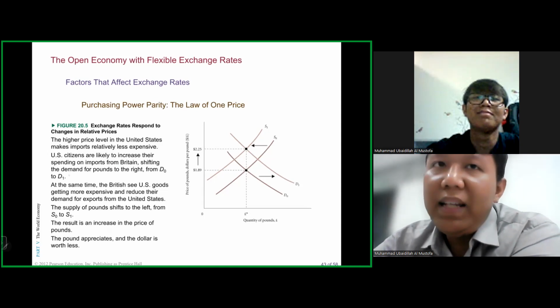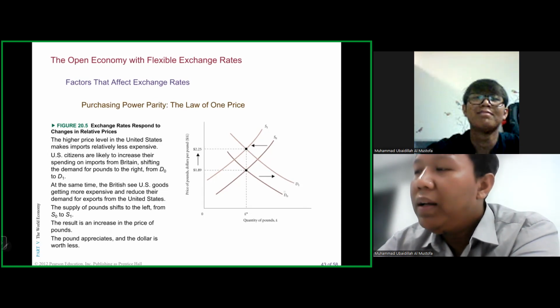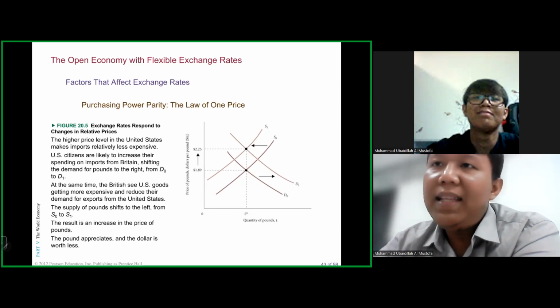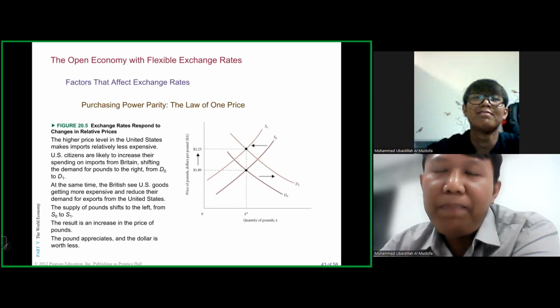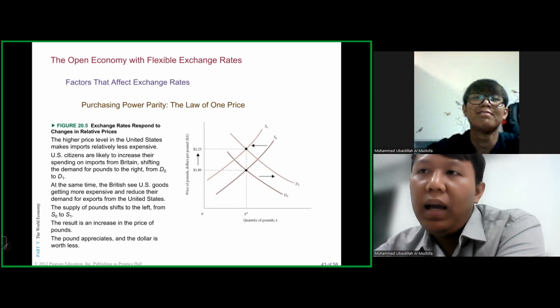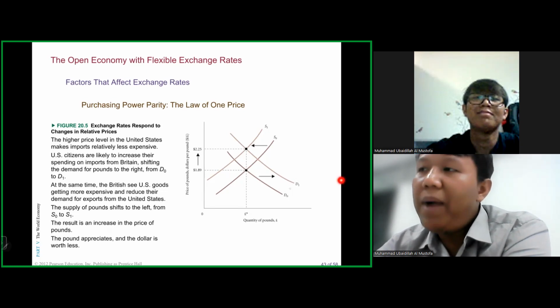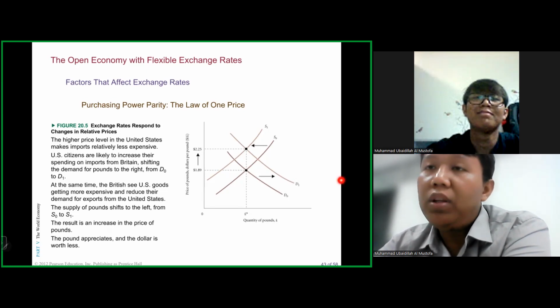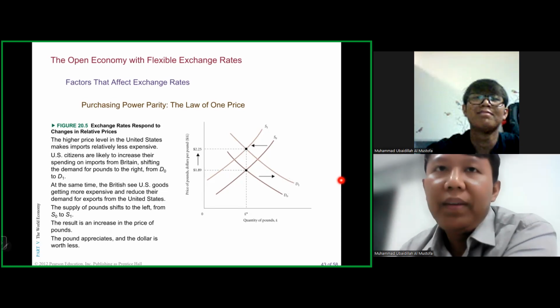So that shifts the demand for pound to the right, from D0 to D1. The US citizens see that imported goods are less expensive compared to local goods, so they want to buy imported goods. It increases the demand for pound and shifts the demand curve from D0 to D1.